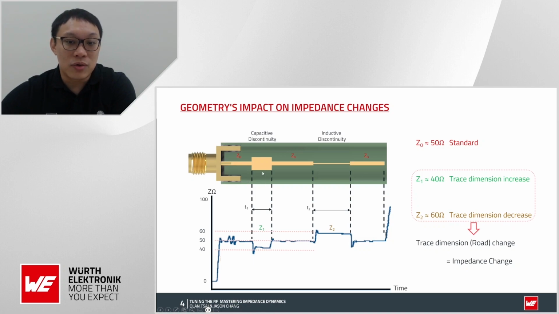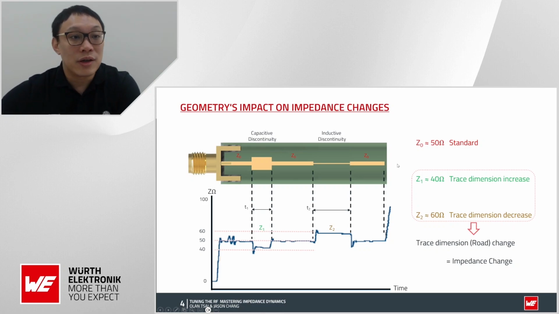But when the trace line gets bigger and wider, in general, the impedance tends to get lower. If the trace line is back to ideal 50, it comes back for sure. But if the trace line gets thinner, the impedance tends to get higher.